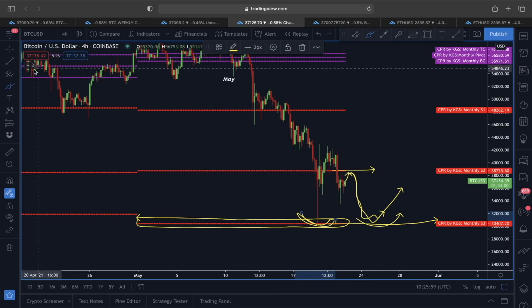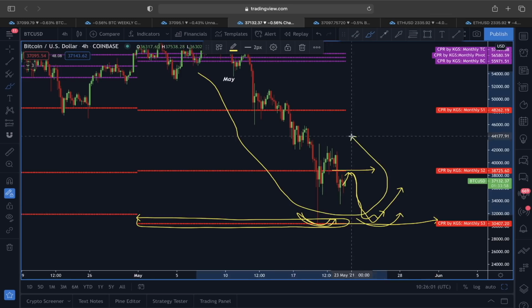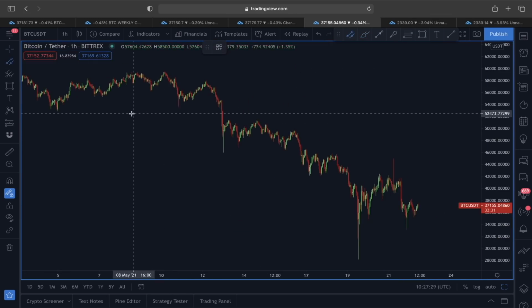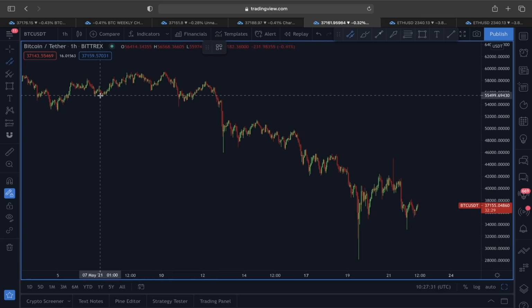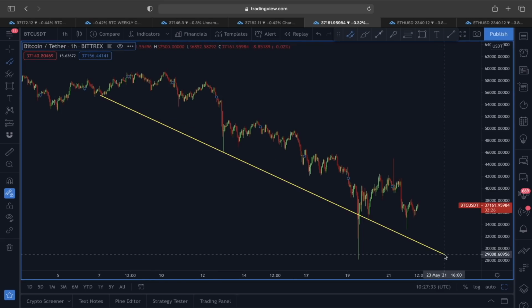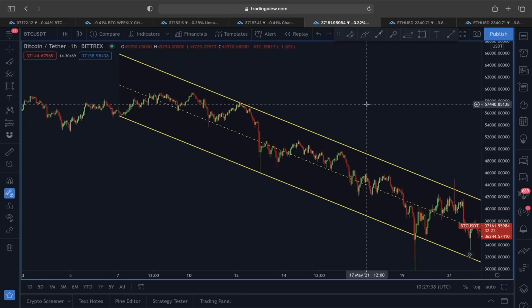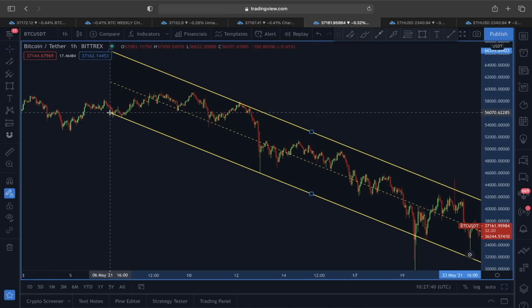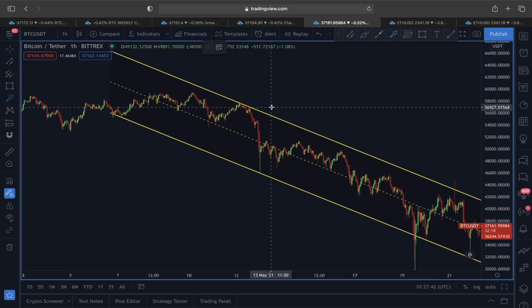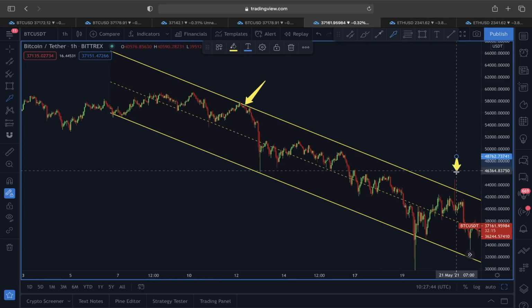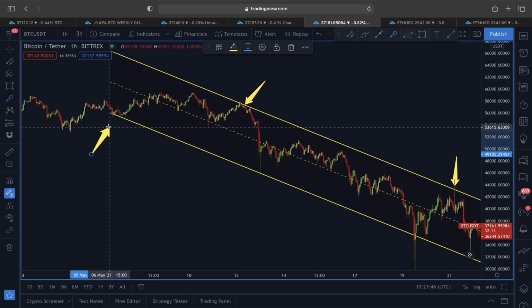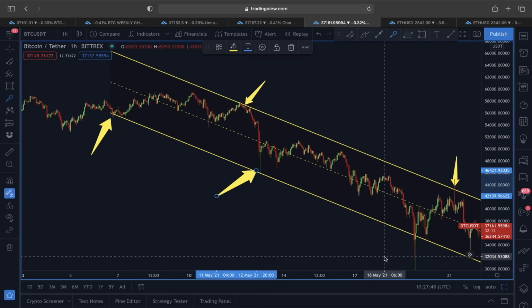If you monitor this price around here in a smaller time frame, let's switch that into hourly time frame. Now in an hourly time frame, what we can do, guys, is simply add this descending channel type of scenario that might be playing out for Bitcoin at this current stage, because whenever we have seen this price pullback, you can see the upper line played as a very important line of resistance, and the lower line played as a very important line of support, right?